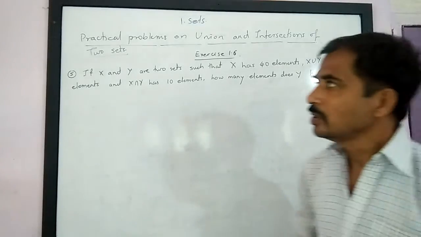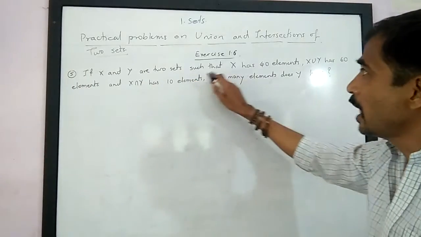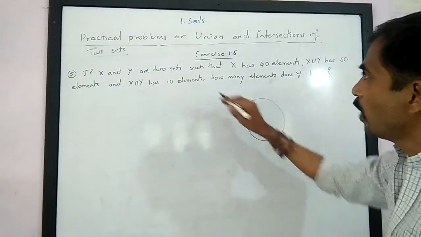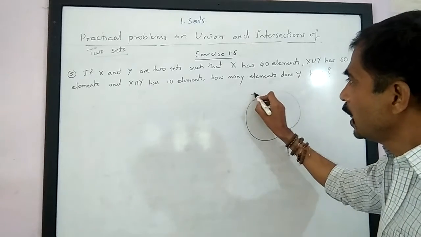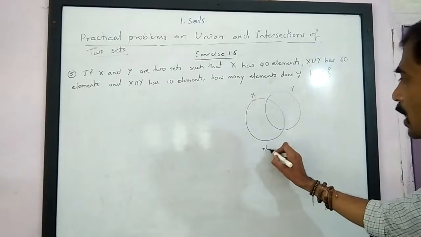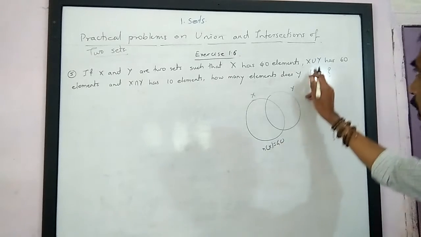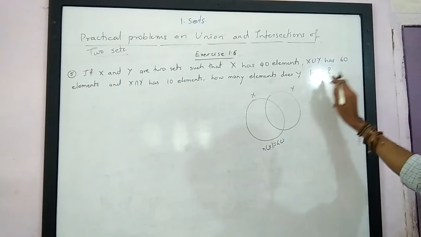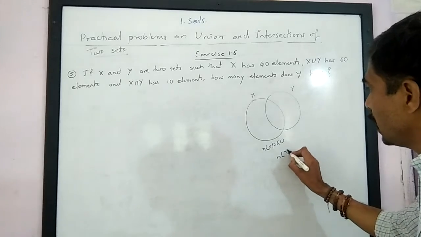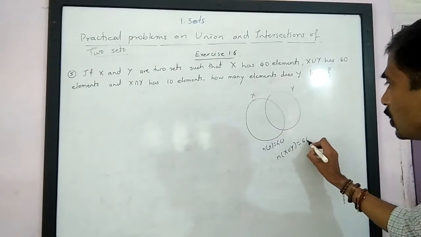Let us solve the fifth question. If X and Y are two sets such that X has 40 elements. So we are given X and Y are two sets. This is X set and this is Y set. X has 40 elements, means number of elements in the first circle are 40. Then X union Y has 60 elements. Please note, total is given to us: number of elements in X union Y is equal to 60.